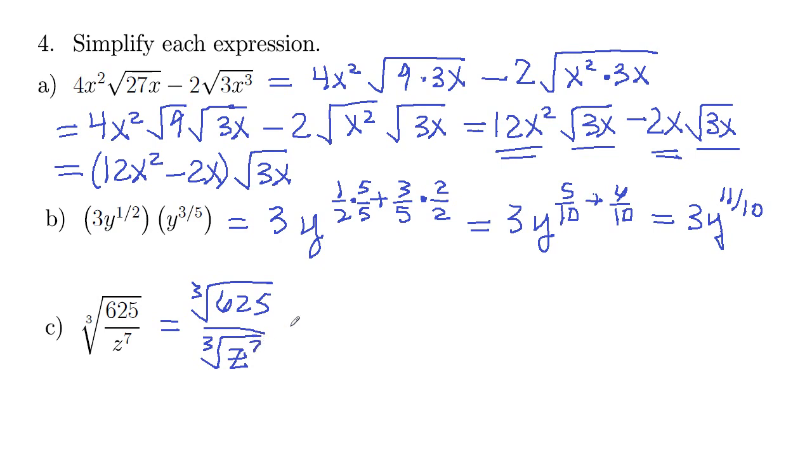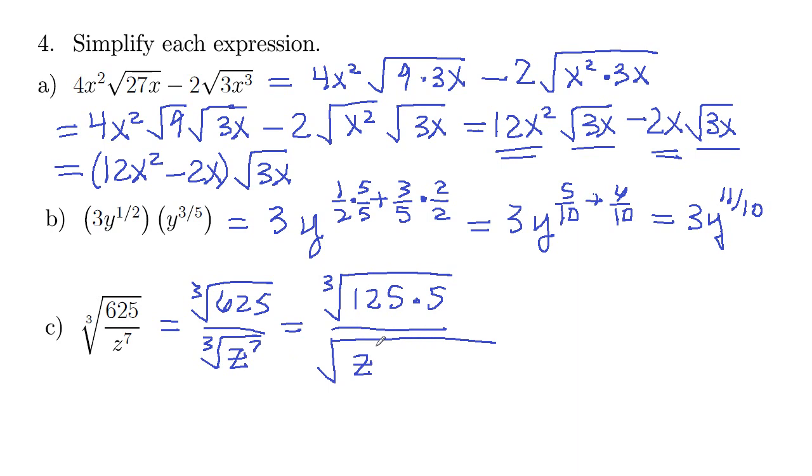And then to simplify cube roots, we want to take out perfect cubes as much as we can. So 625 is actually 5 to the 4th power. It's 5 times 125. So we will break that 625 up as 125 times 5, because 125 is 5 cubed. It's a perfect cube. You're breaking off perfect cubes as much as you can. Do the same thing with the 7 factors of z.